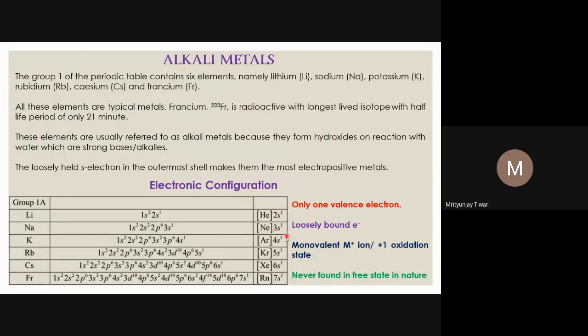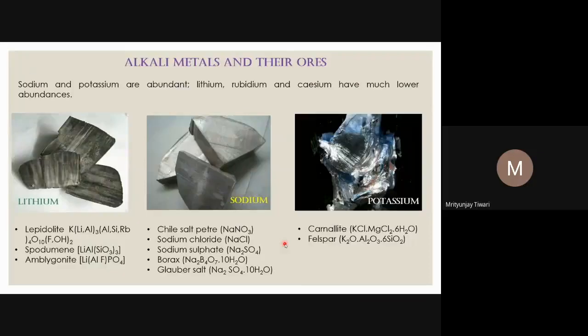So this is ns1 in general. N could be 2 to 7. When n is 1, it is hydrogen, so for alkali metals we start with n equal to 2 to 7, and the outermost electronic configuration is ns1.